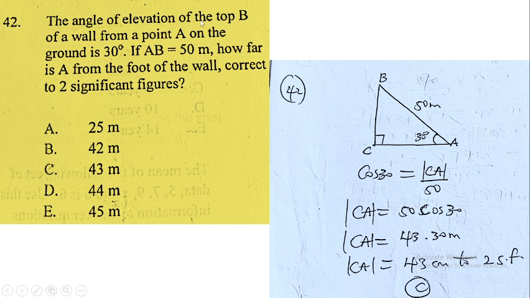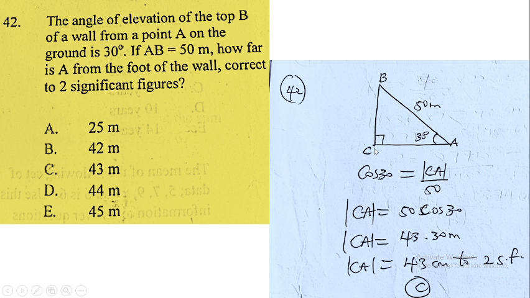So the angle of elevation of the top B of a wall from a point A is 30 degrees. So if our AB is 50 meters, as we have seen here in the diagram, how far is A from the foot of the wall? That means we are looking for CA.